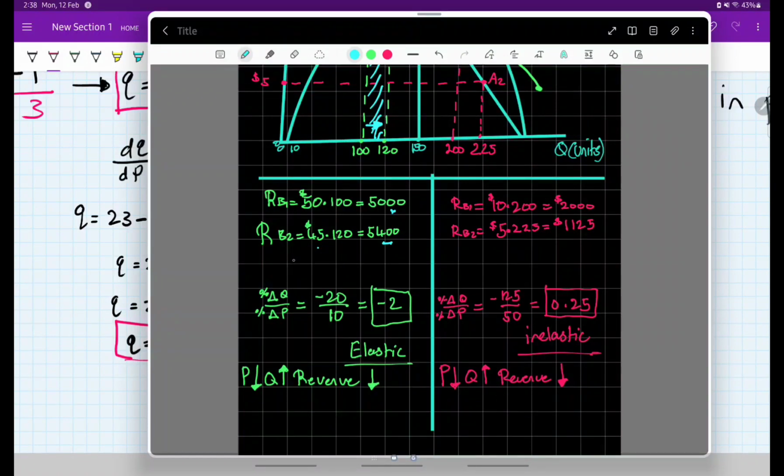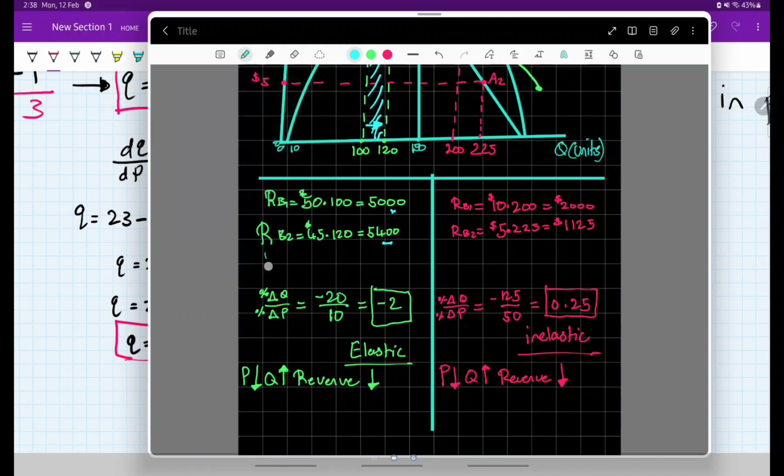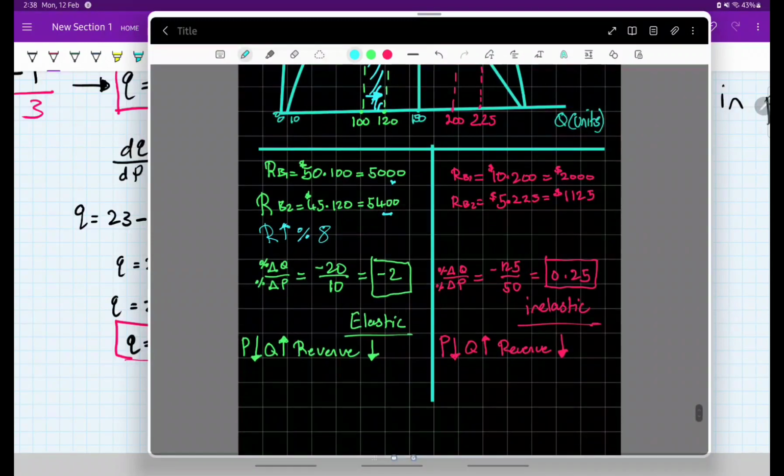That means your revenue will increase by 8%. And the elasticity, you have the percentage change in quantity over the percentage change in price equals -20 over 10, and you get a -2. You take the absolute value, so that negative cancels out, and you just get 2.